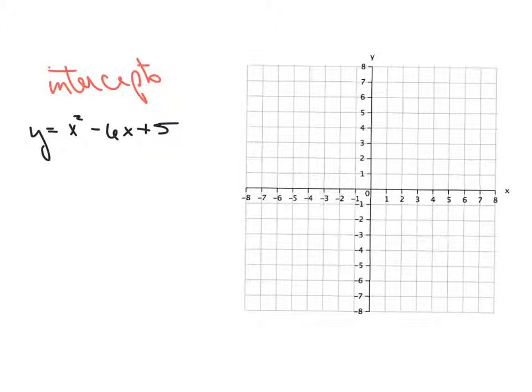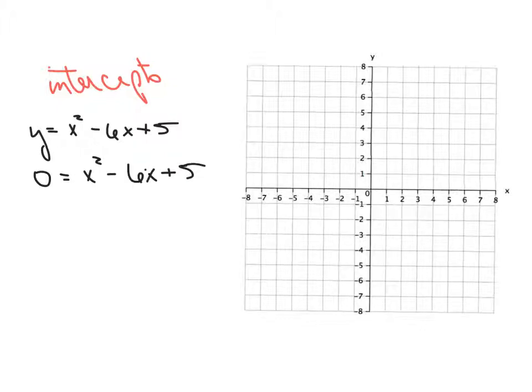We want to find if so where the parabola crosses the y-axis or the x-axis. We're going to look for both of those. So what we do is, if we want to find out where it crosses the x-axis, or the x-intercepts, we make y equal to 0, and we just solve it.